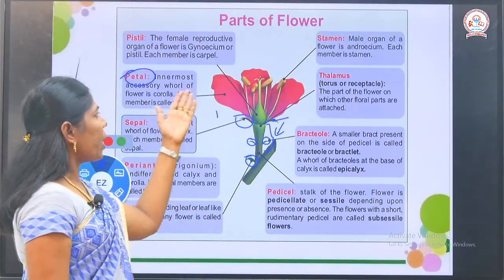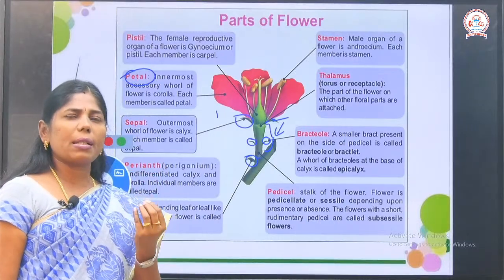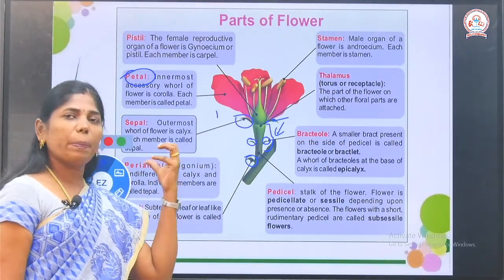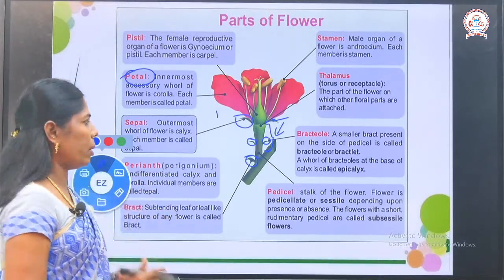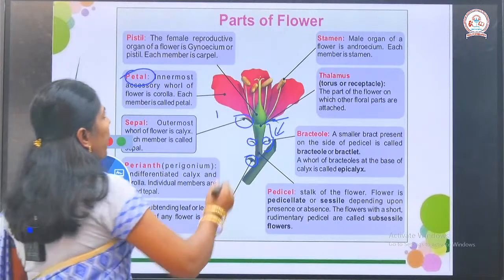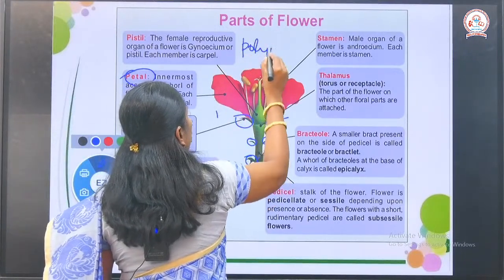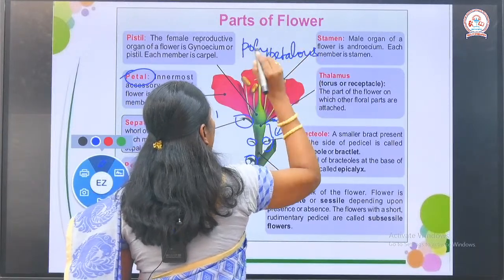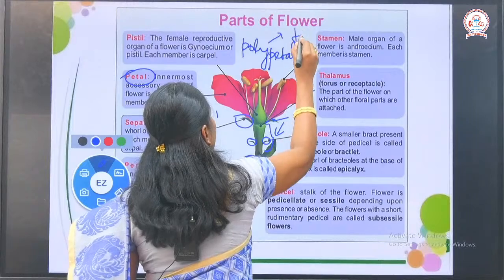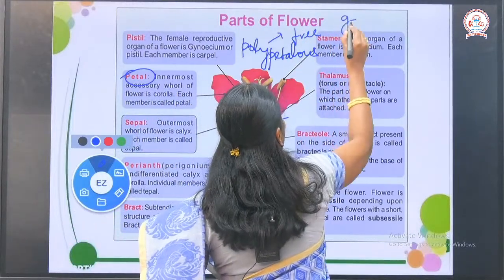Similarly, if the petals are separated from each other, that is considered polypetalous. If they are together, that is called gamopetalous. Polypetalous means petals are free.